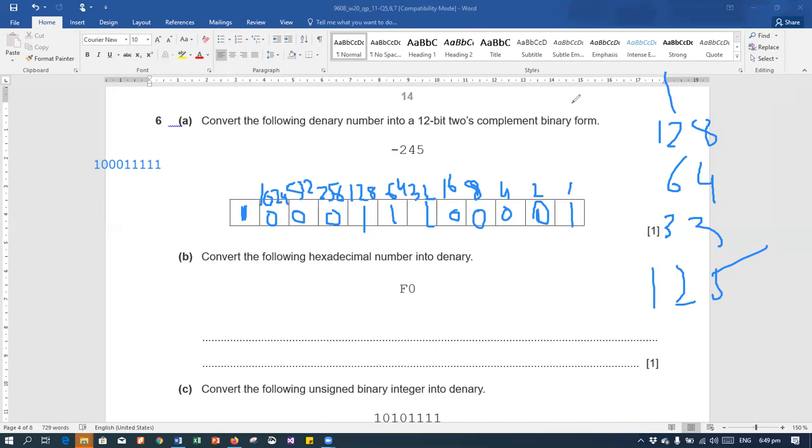No, it's 128 plus 64, 16 and 4, and then that would create a full number. Okay, so now I think it's done: 128, 64, 32, then 16 and 4 as well.